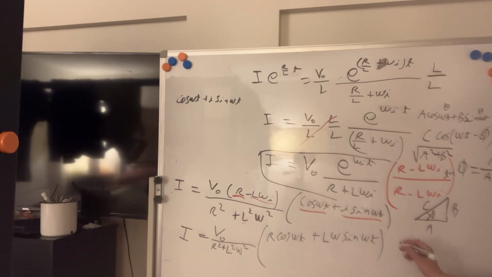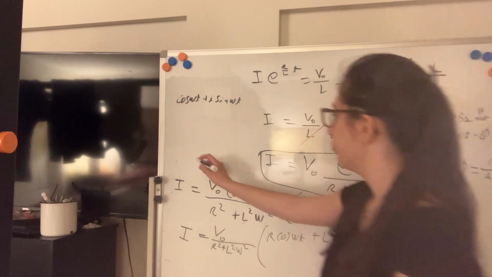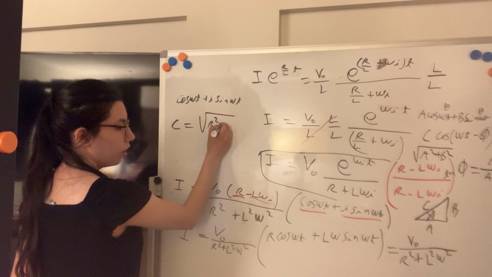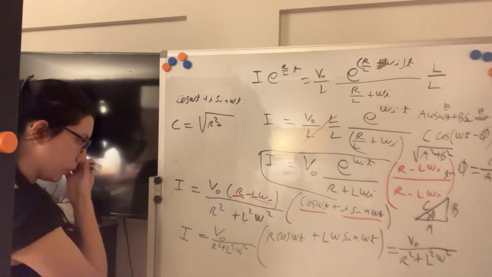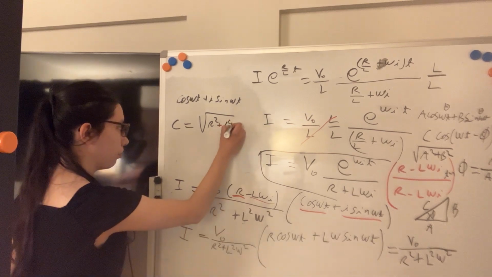So I can write this as voltage over R squared plus L square omega square. So C would be the square root of R squared plus L squared omega squared.